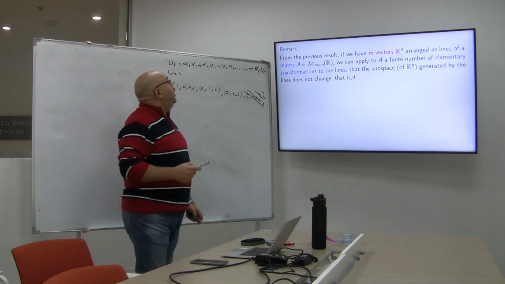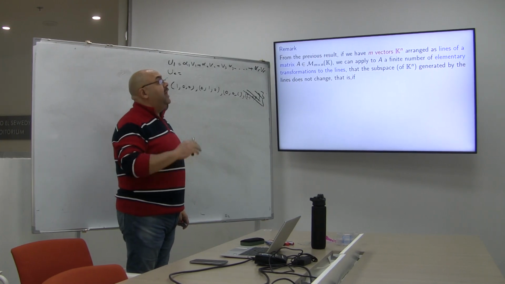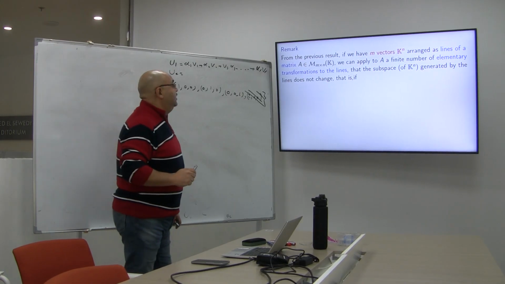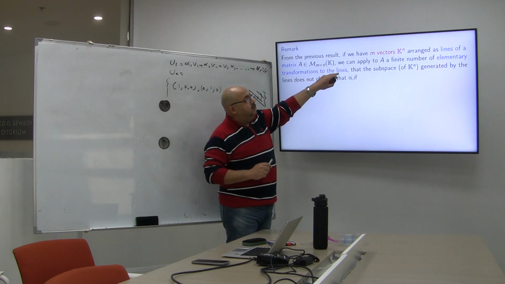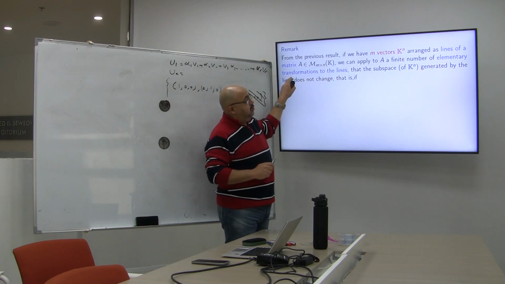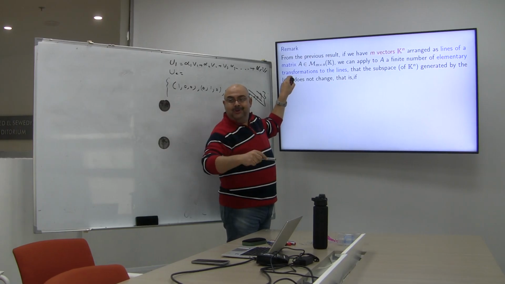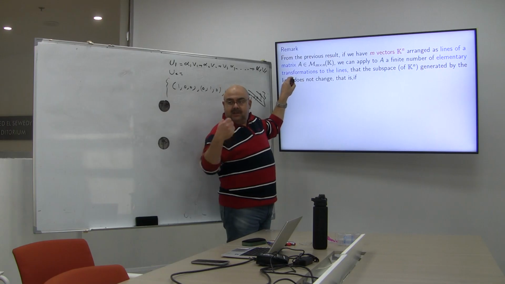Okay, from the previous result, if we have m vectors in Kn arranged as lines, if I have them as rows in a matrix A belonging to the m by n matrices, we can apply a finite number of elementary transformations. This is how I will get an equivalent matrix with rows also, and the rows will be the sequence of vectors that I will use.